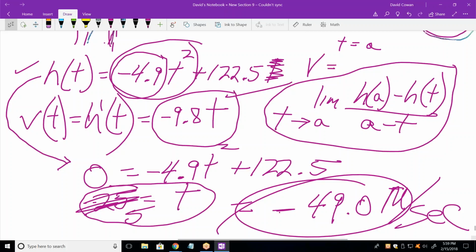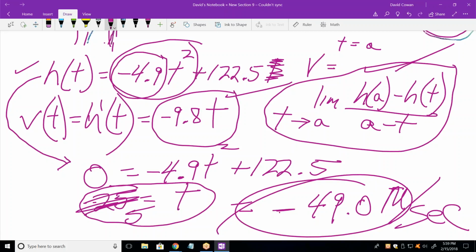Okay? Now, we didn't do it the hard way. And it kind of looks like they wanted you to do it the hard way, by giving you the limit quotient definition for first derivative.